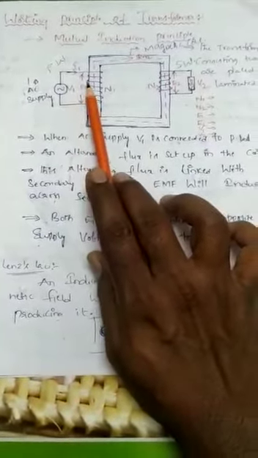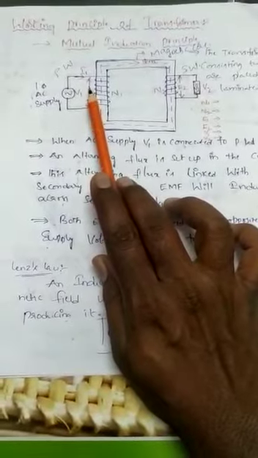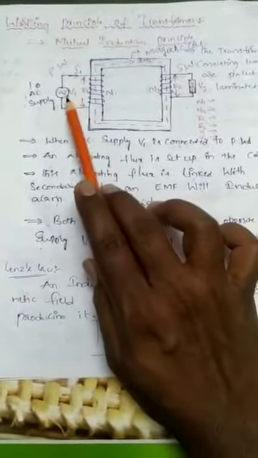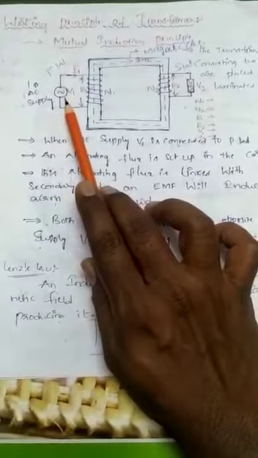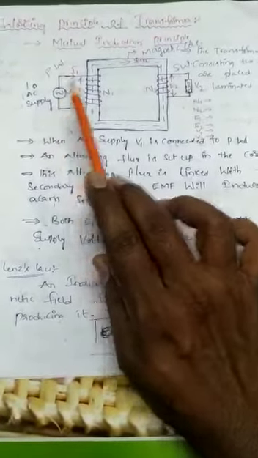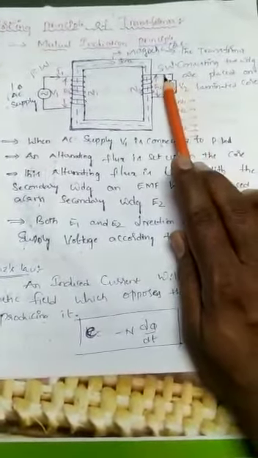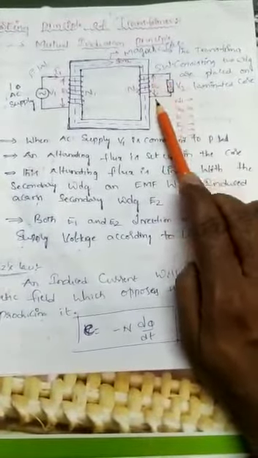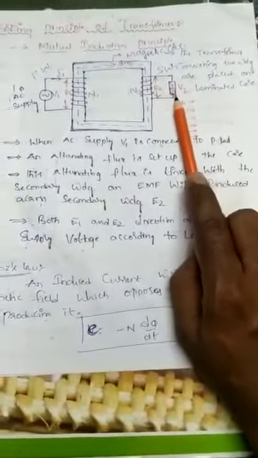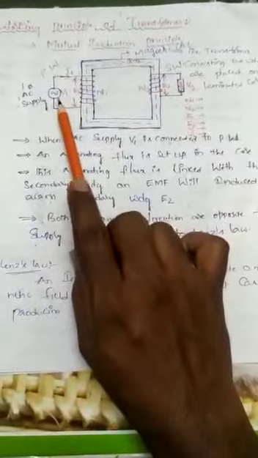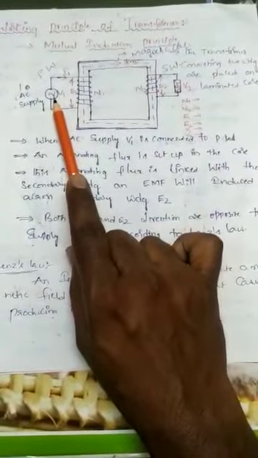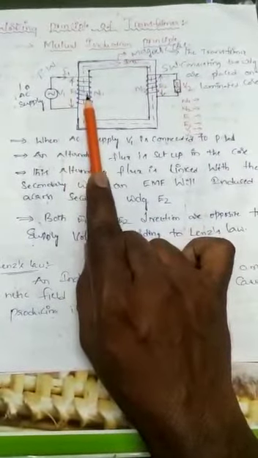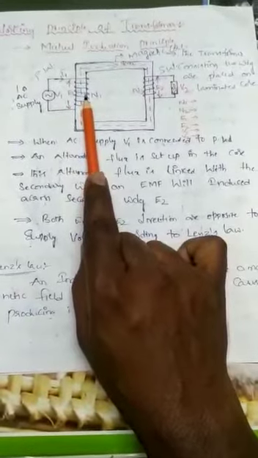The primary winding is the winding connected to the supply, and the secondary winding is connected to the load. Here we are giving the AC supply to the primary winding of the transformer.